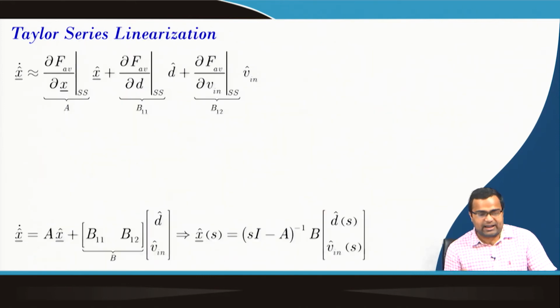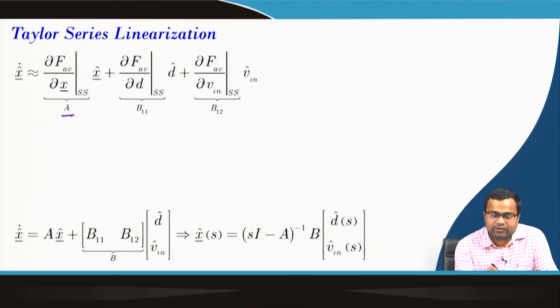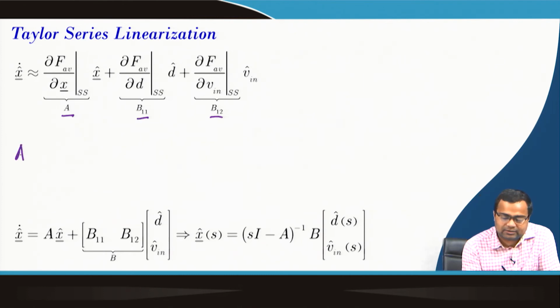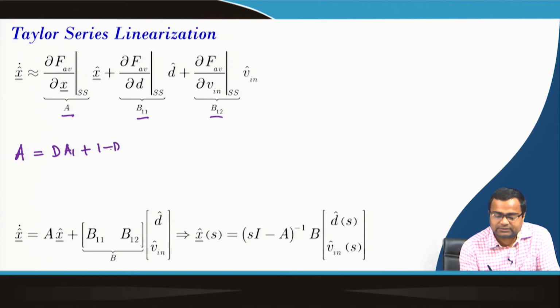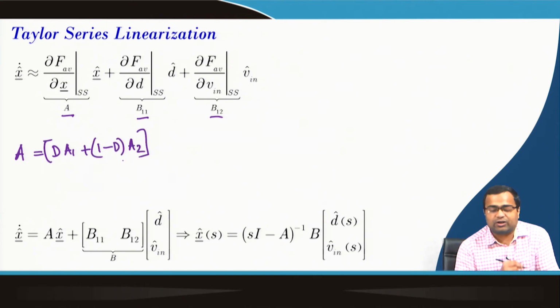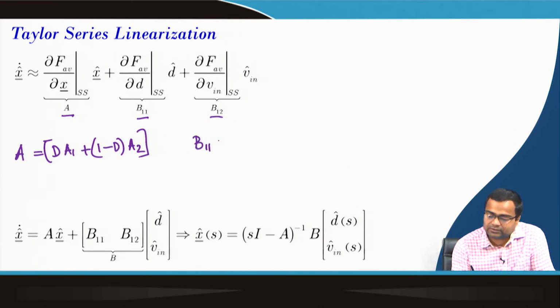So, that means, we can find out this term. What is my A? We found A equal to d into A1 plus (1 minus d) into A2. What was our B11?